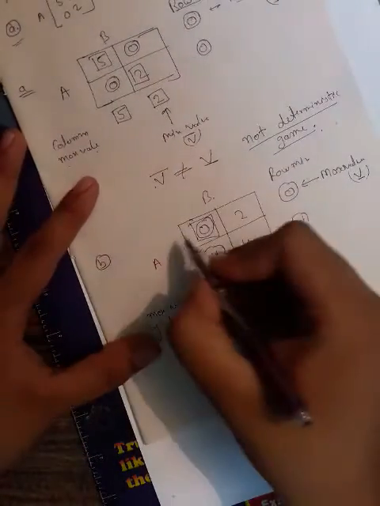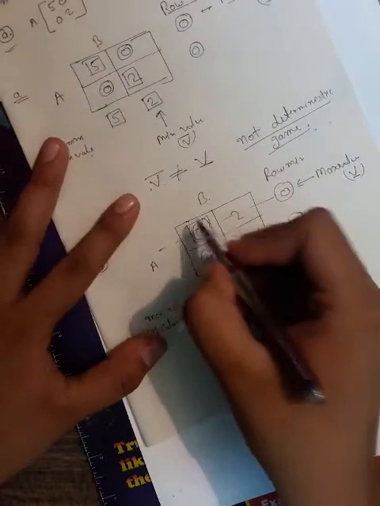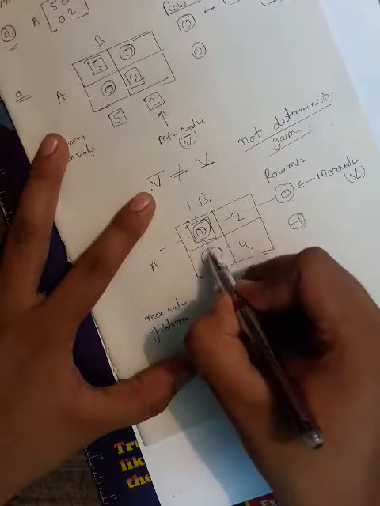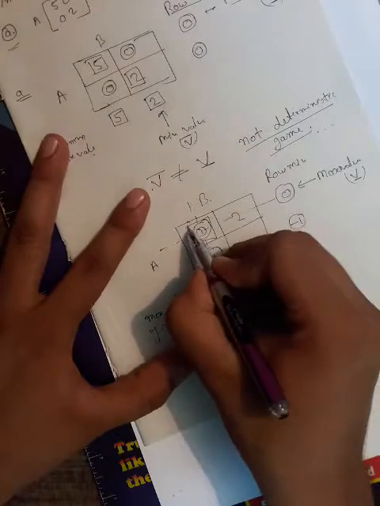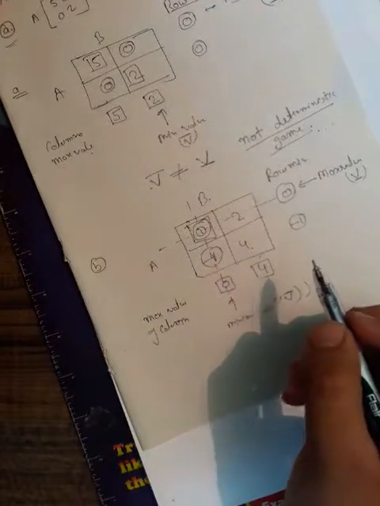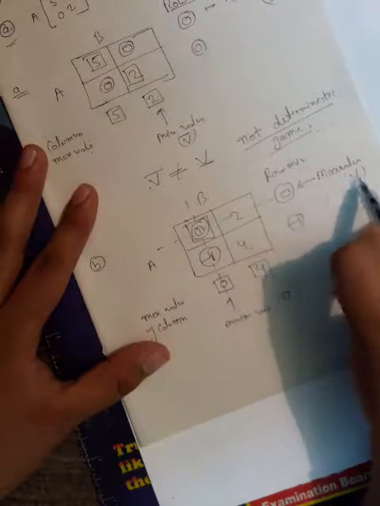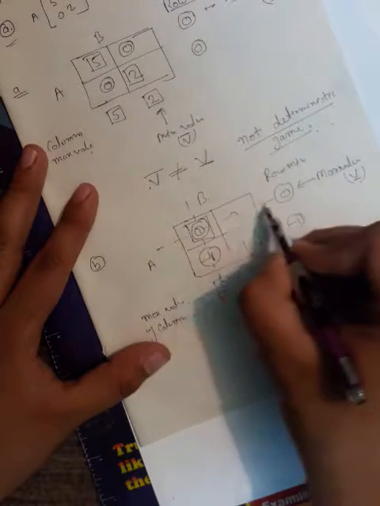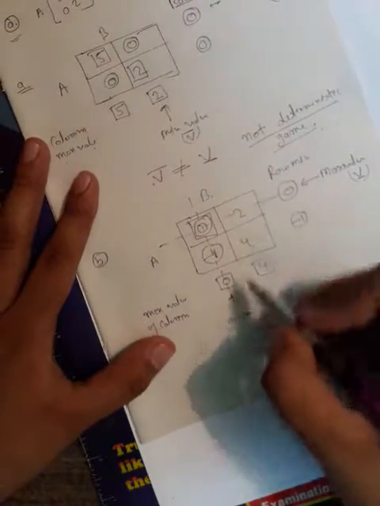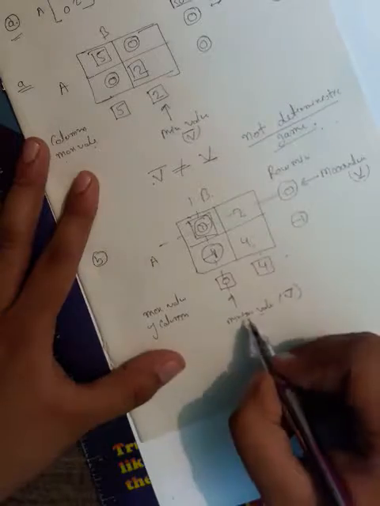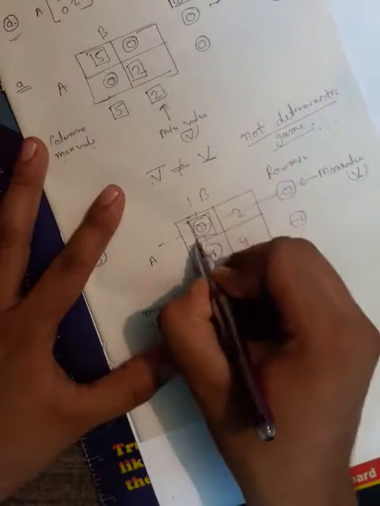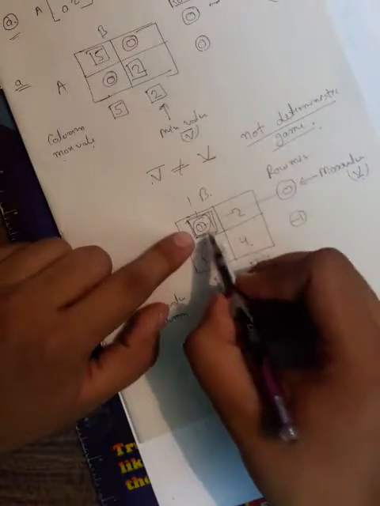Now draw a horizontal line, and in this case a vertical line. Where the maximum value is, you draw a horizontal line, and where the minimum value in the column side is, you draw a vertical line where it is meeting. That is my saddle point.